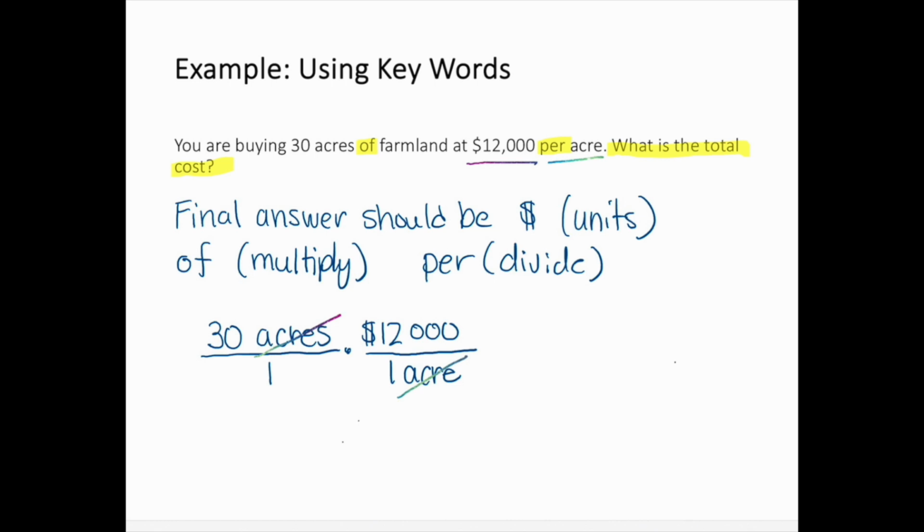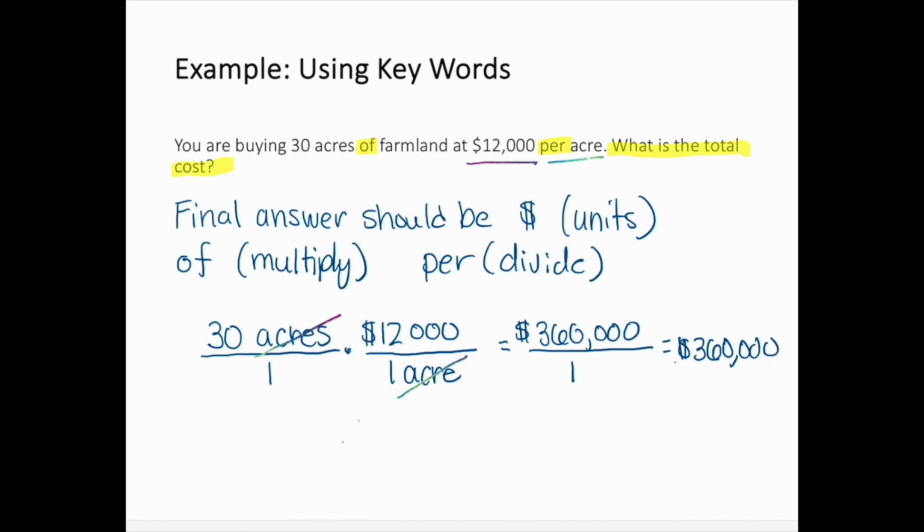So I take 30 times 12,000. That's going to give me 360,000. And then across the bottom, I have 1 times 1. I'm not including the acre because I crossed that off. So I have 1 times 1. And then when I take 360,000 divided by 1, it's just 360,000.